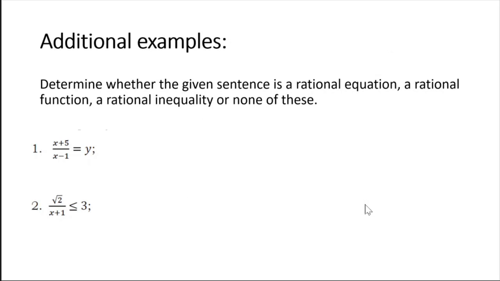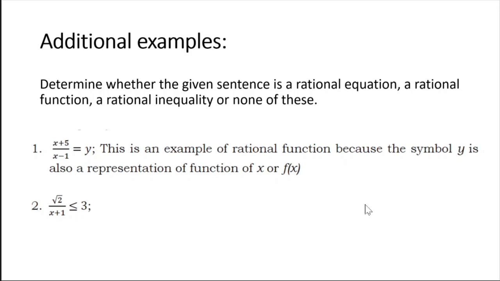So, additional examples. Determine whether the given sentence is a rational equation, a rational function, a rational inequality, or none of these. So x plus 5 over x minus 1 is equal to y is an example of a rational function, because the symbol y is also a representation of a function of x, or f of x.